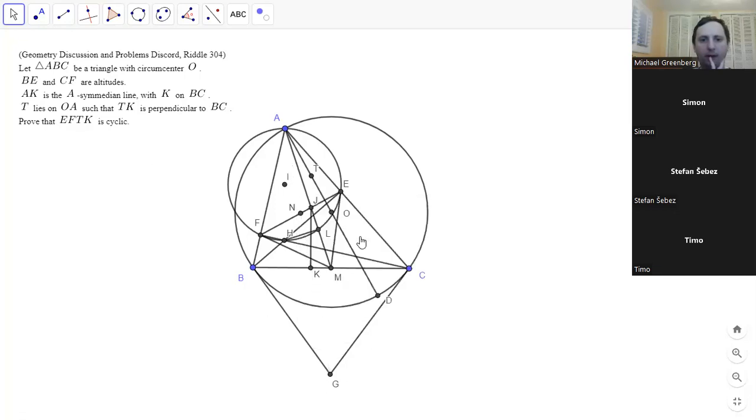Oh, sorry. Okay, I got confused a little bit. So T and K can both be defined like this, but T is not important for this part. Then since M is the midpoint of BC and N is the midpoint of EF, it is well known that MN is perpendicular to EF.